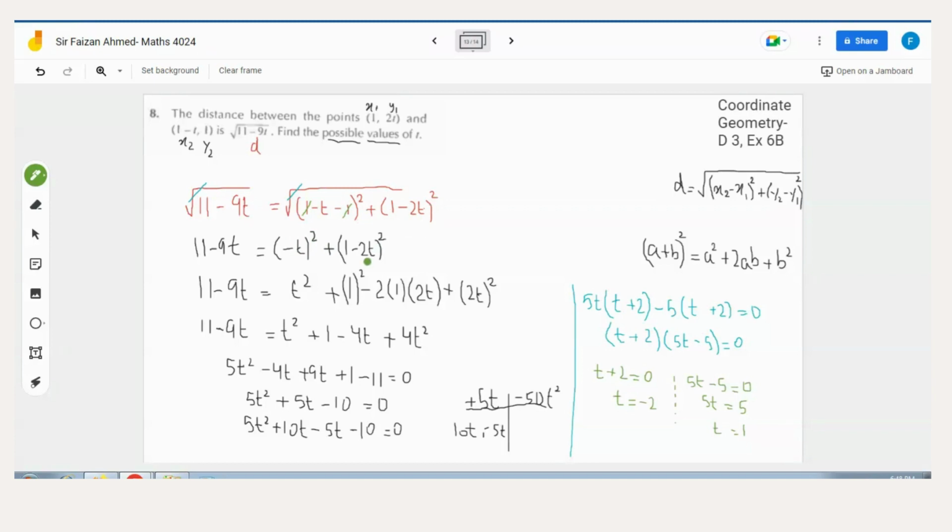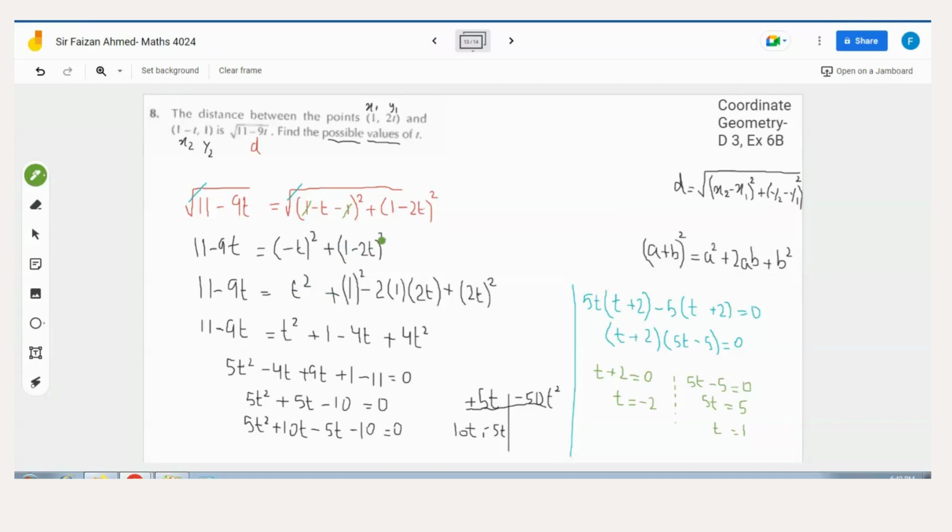So after cancelling 1, the only remaining thing is minus t. 11 minus 9t will be as it is, equals to (minus t) whole square, meaning minus t multiplied by minus t, that will be positive t square. So (minus t) whole square is positive t square, plus (1 minus 2t) whole square.